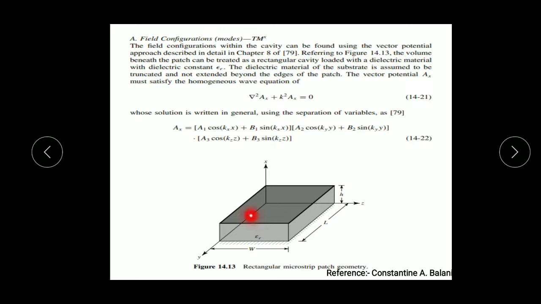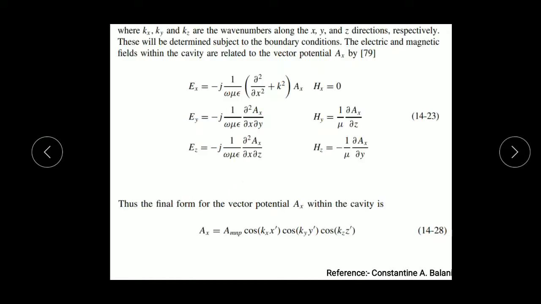This is the rectangular microstrip patch, represented as a cavity model. Here kx, ky, and kz are the wave numbers along the x, y, and z directions respectively, determined subject to boundary conditions.